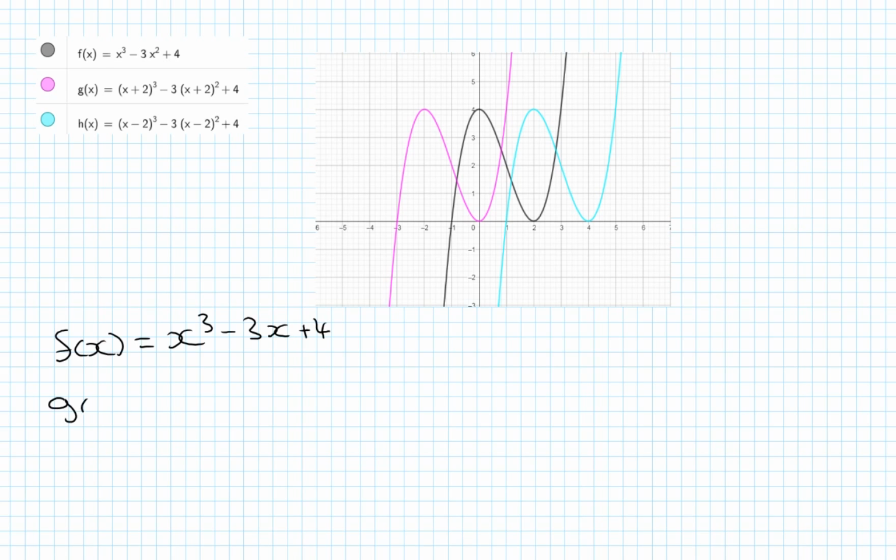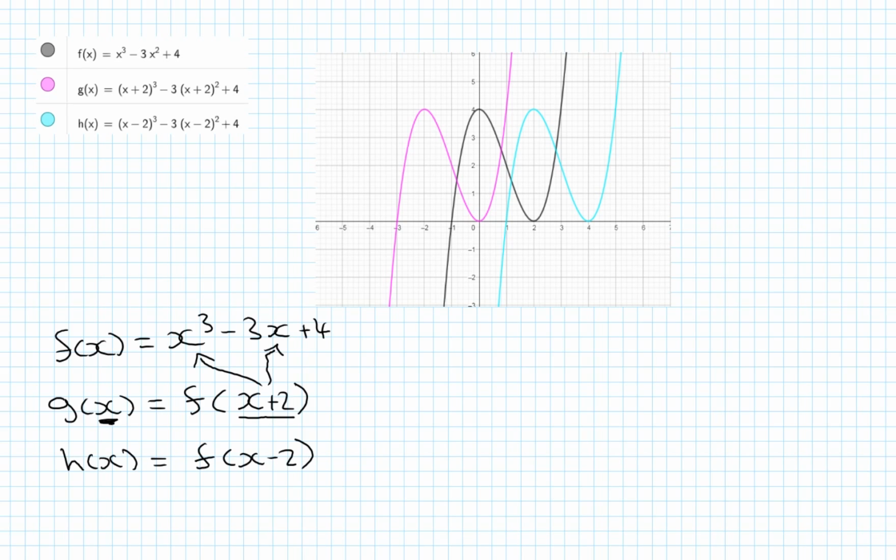All that g of x is, is f of x plus 2. So everywhere we see x, we put in x plus 2. And then h of x is the same thing, except it's f of x minus 2.